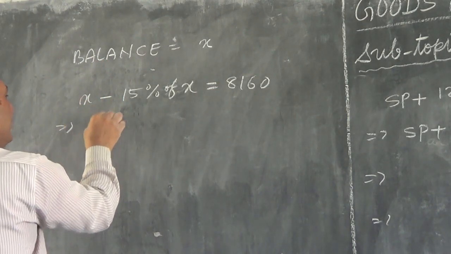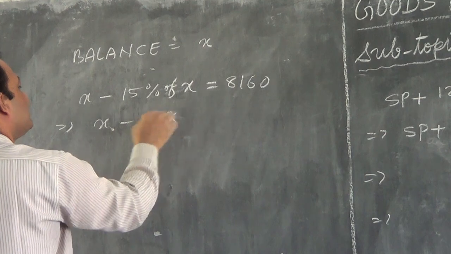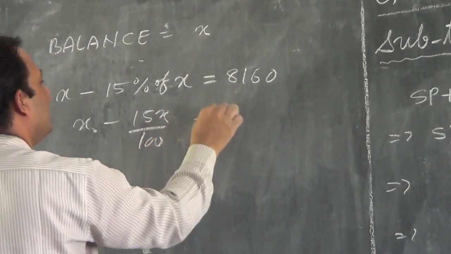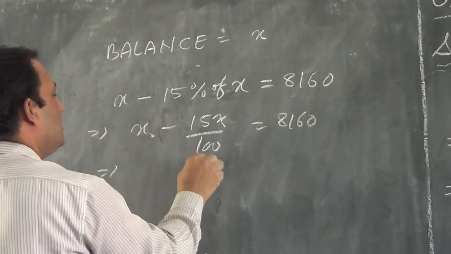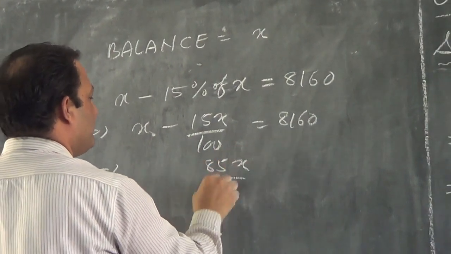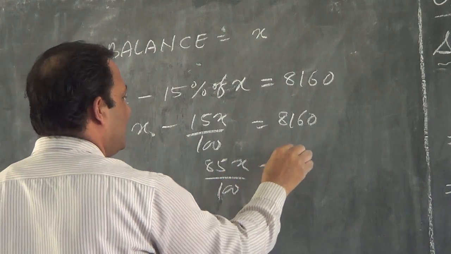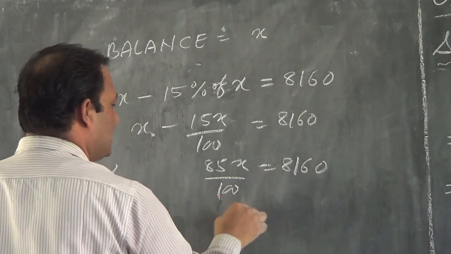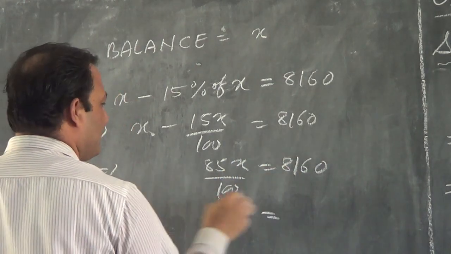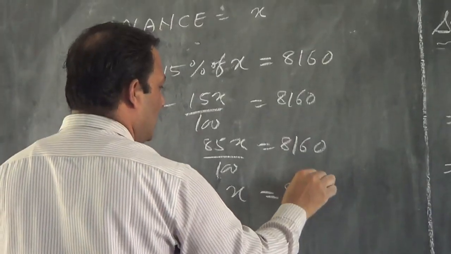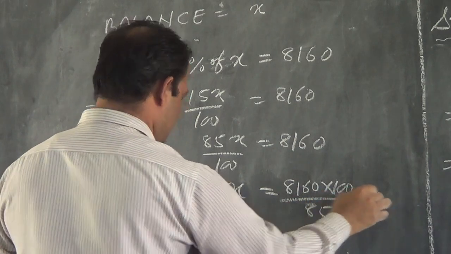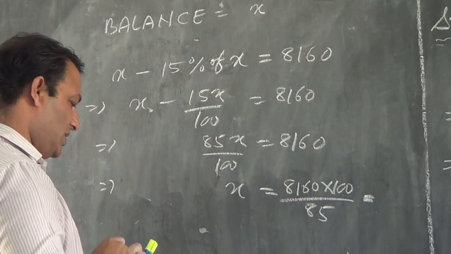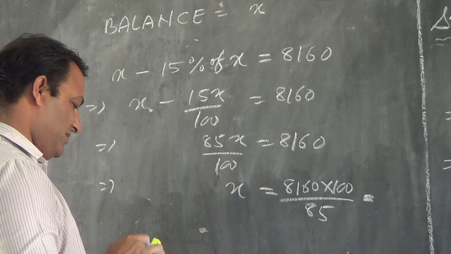And here x minus 15x by 100 equals 8160. 85x by 100 equals 8160. x equals how much, children? 8160 into 100 divided by 85.